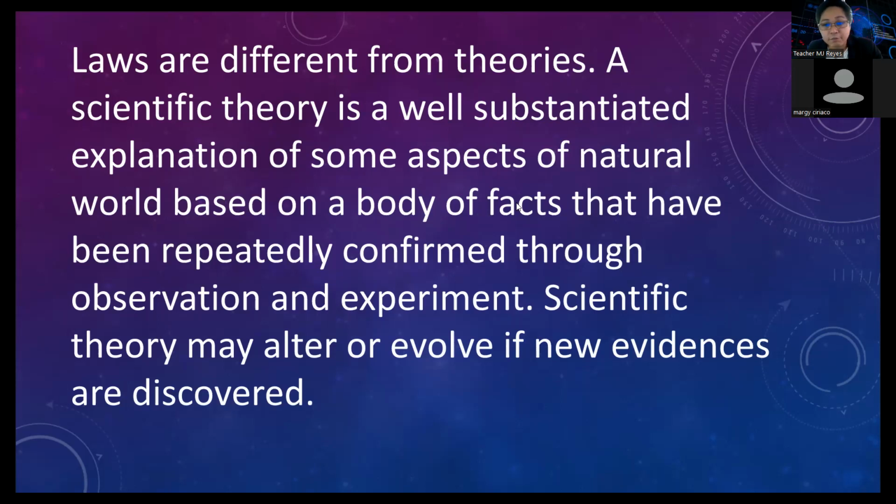A scientific theory may alter or evolve if new evidences are discovered. While laws are observable natural phenomena. If scientists observe that some natural phenomena happen and it cannot be changed, they will formulate a law or scientific law.